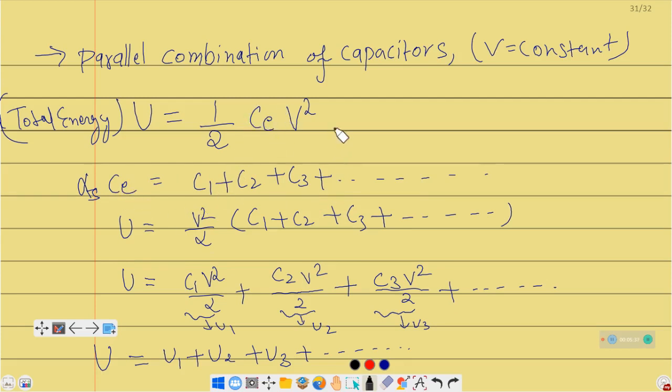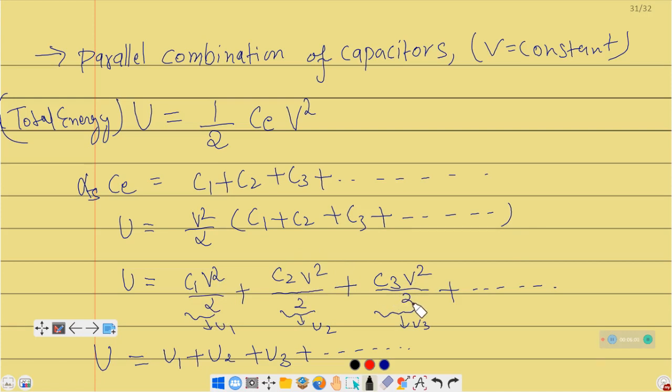So this equation becomes U equal to half V square into C1 plus C2 plus C3 in place of C. Now we just multiply V square by 2 with each term. So this becomes C1 V square upon 2, C2 V square upon 2, C3 V square upon 2.